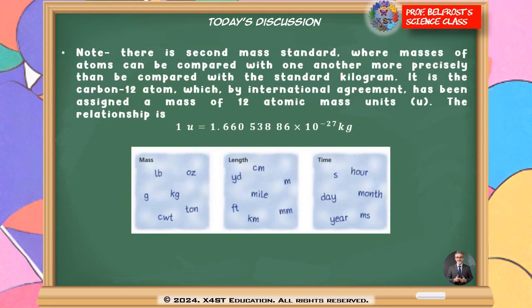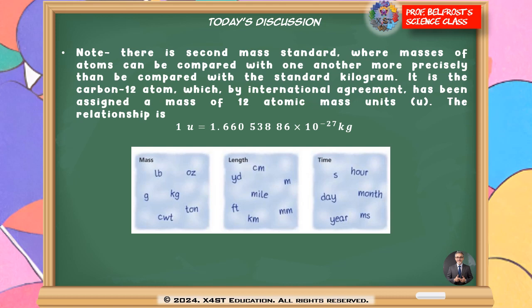So please note that there is a second mass standard. I have told you before that the primary mass standard is the kilogram, but if you are learning modern physics later, then we will not use kilogram that much because we need to deal with more accurate measurement, and we express the mass in a new unit called AMU or just u, atomic mass unit.